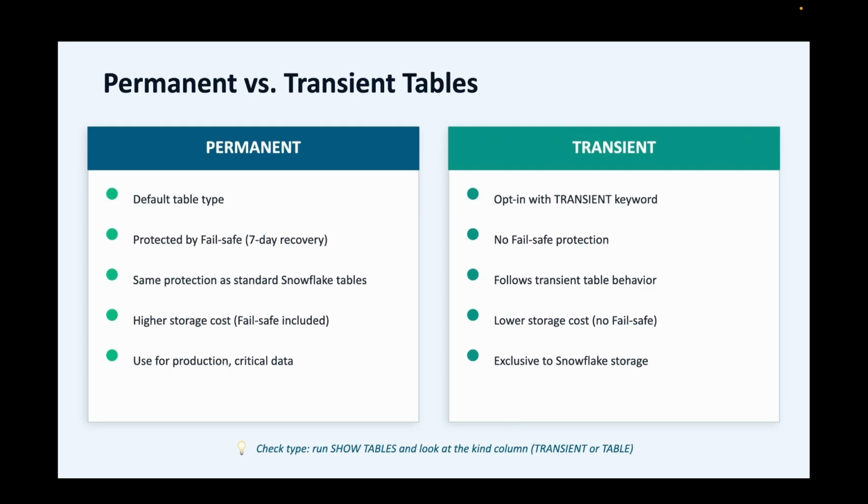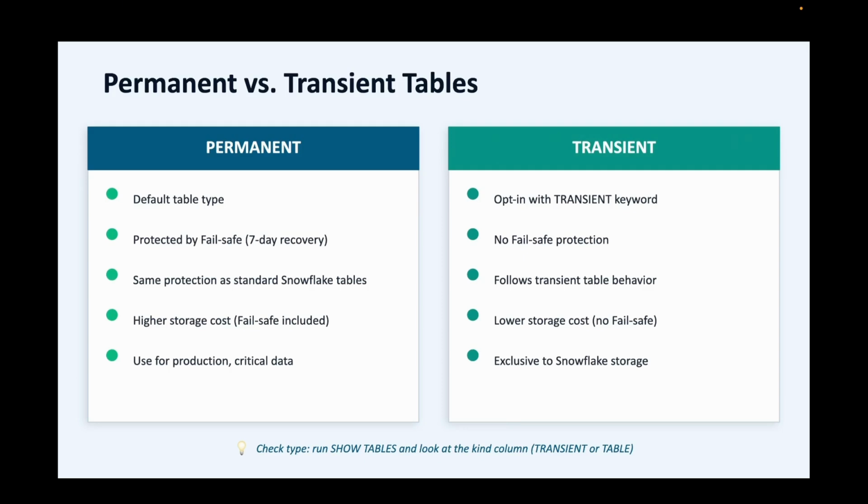And now let us compare creating a permanent Iceberg table versus a transient table. The default table type is permanent if you don't specify, or you can specify transient for transient tables. Permanent is protected by failsafe with 7-day recovery, while transient has no failsafe protection.